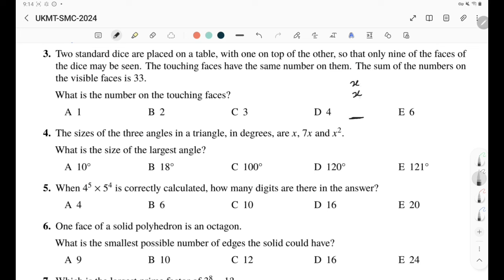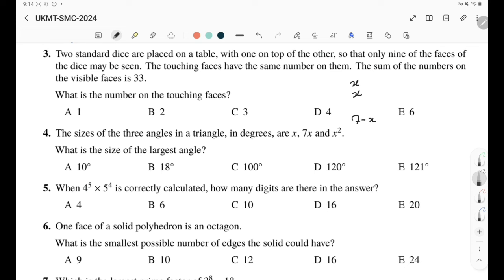The opposite one that's not visible is surely 7 minus x, because as we mentioned earlier, this is a property of any dice: opposite faces always add up to 7. So the sum of these two is just 7.